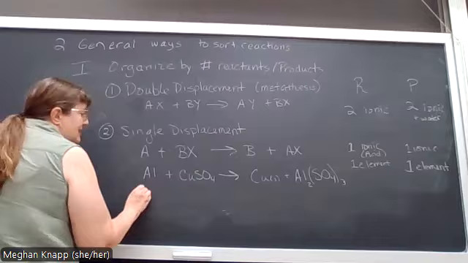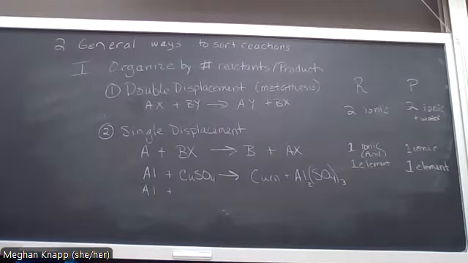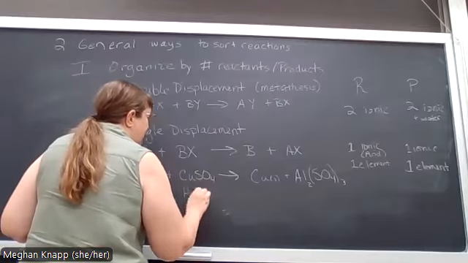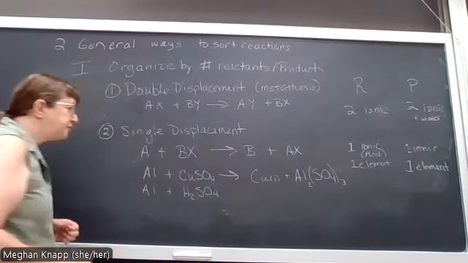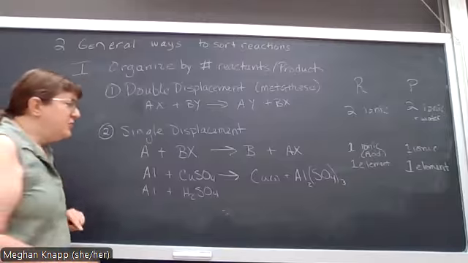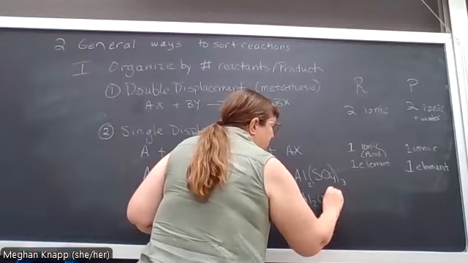So let's say I take that same aluminum and I put it in, what's your favorite acid? Sulfuric acid. The other two classes said hydrochloric, but that's okay, this will work. All right, so the aluminum's going to bump the hydrogen out. We're going to end up with this same product, which is nice that you picked the sulfuric acid.